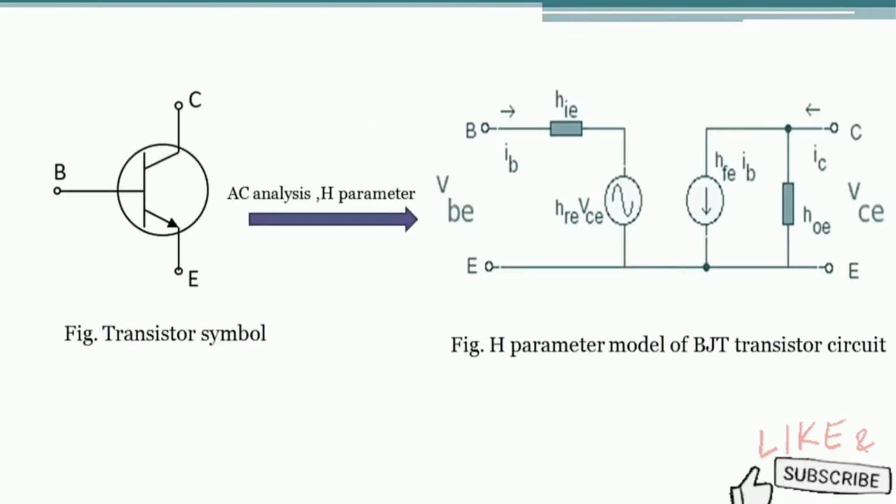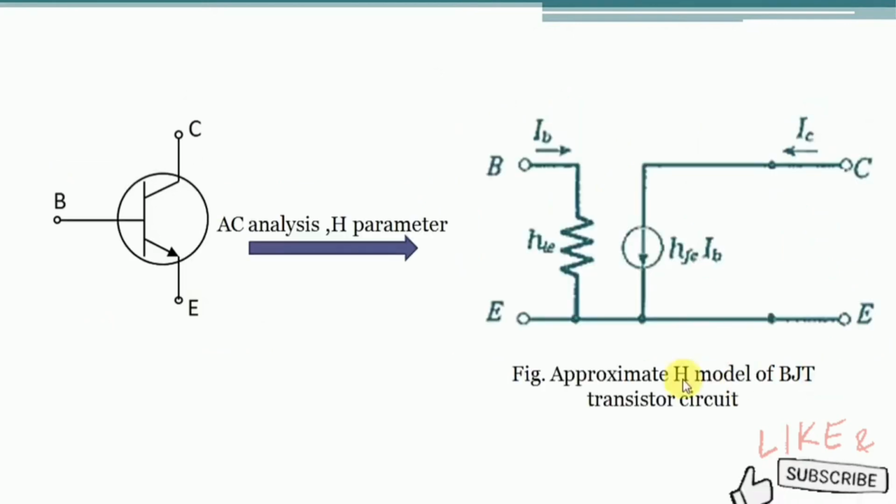Here HRE and HOE are not used when we are applying small signal analysis, that is, when millivolt signals are applied as input to the transistor. That's why we simply neglect the voltage source and admittance. Now we call it an approximate model of the BJT transistor.